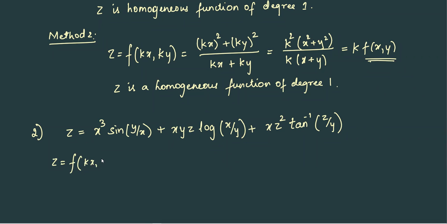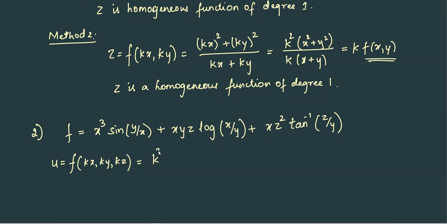consider this one. This should be f, this cannot be z. This has to be u because z is involved anyway. So this one, replace x by kx, y by ky, z by kz.